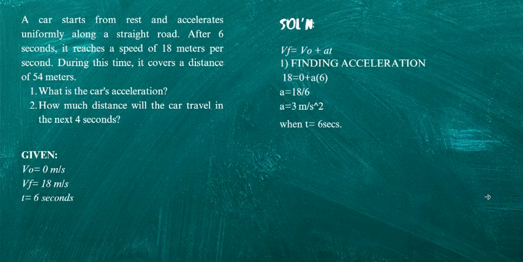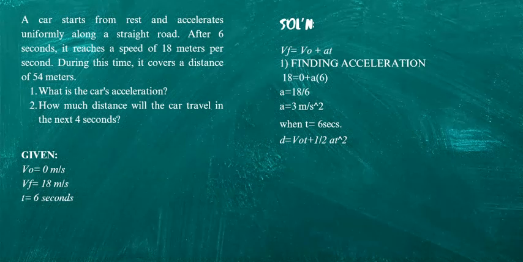To find the distance traveled during the first 6 seconds, now that we know the acceleration, let's use another equation. The equation for distance with constant acceleration is d equals v0 times t plus 1/2 a t squared, where d is the distance traveled, 54 meters, our initial velocity is 0 meters per second, our acceleration is 3 meters per second squared, and our time is 6 seconds.